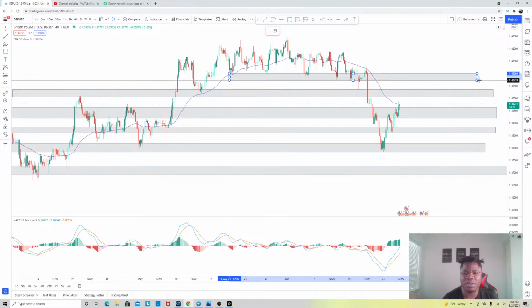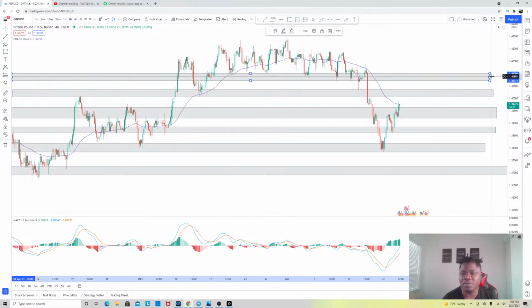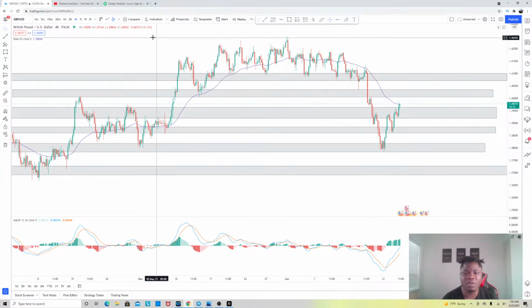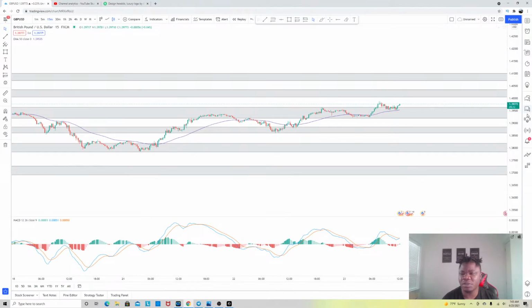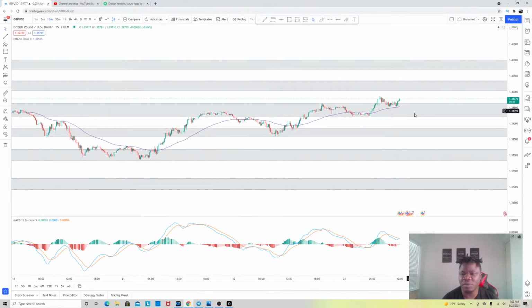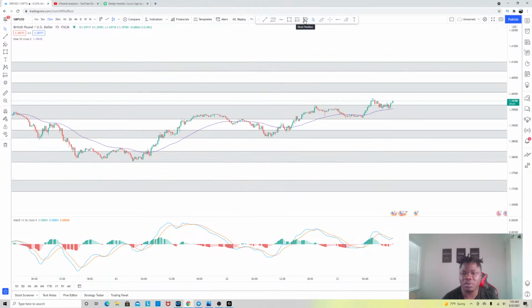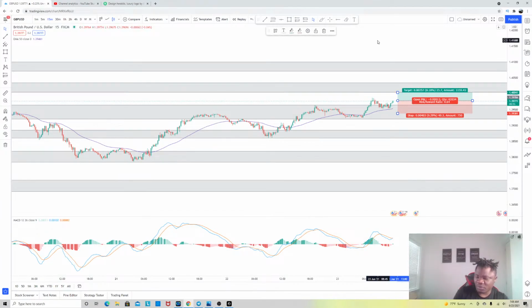Just marking this on the 4-hour time frame. Then we can go back to the lower time frame, in this case the 15-minute time frame. So I'm going to be getting in on this. That's about 25 pips right there.